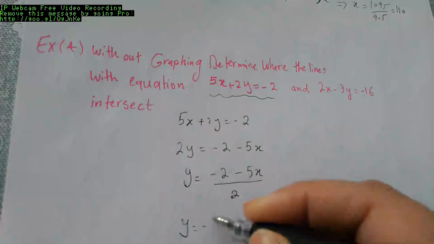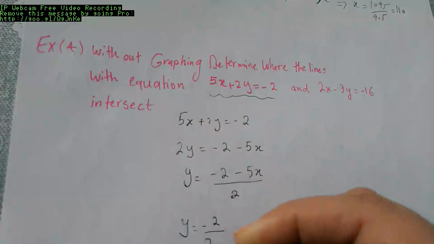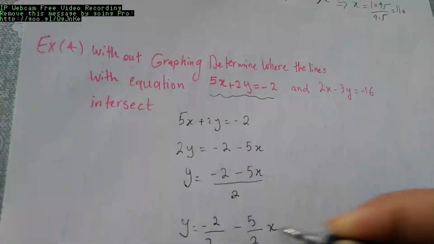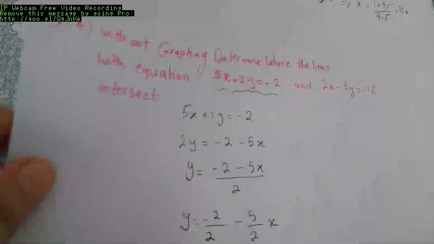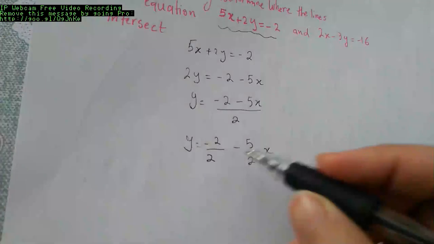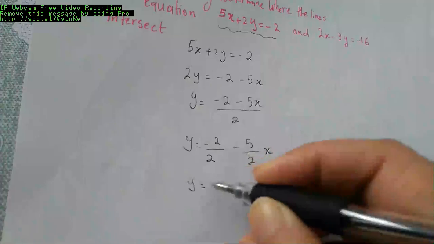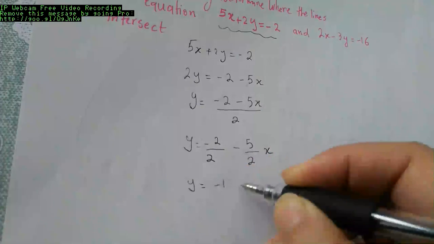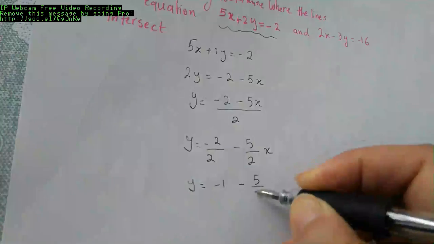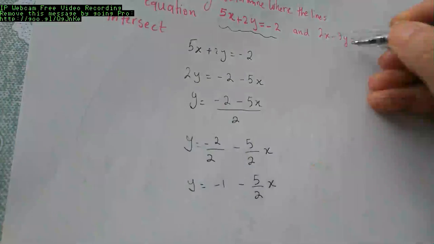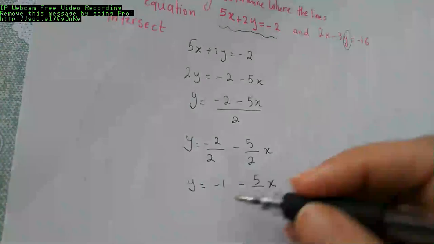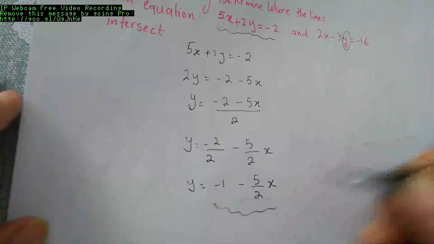So it's -2 divided by 2, and this one is -5 divided by 2, right? So the final thing I have is y = -1 minus 5 over 2 x.